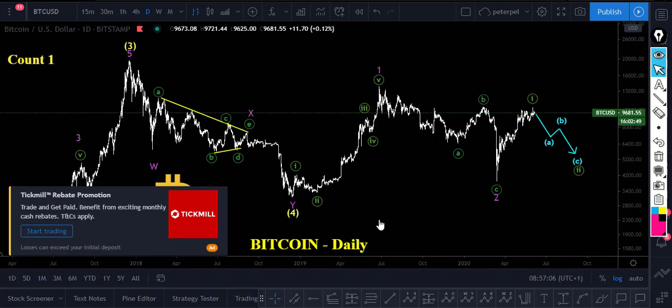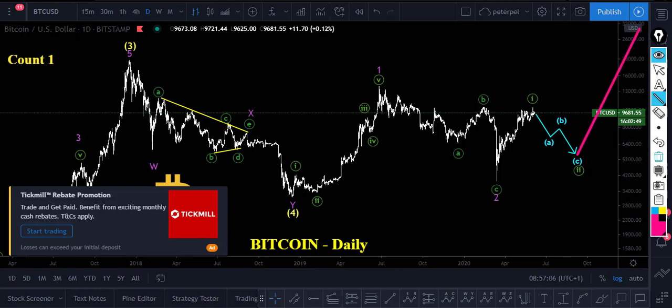So on Bitcoin, on our bullish count, we have completed green wave 1 of purple wave 3. Now we are looking forward to a pullback for green wave 2. It can be a 3-wave pullback for green wave 2 before we start moving upwards to complete green wave 3.